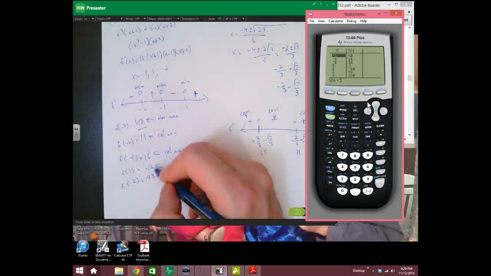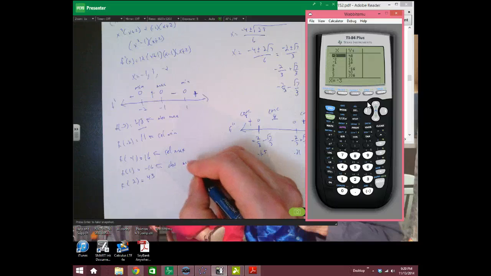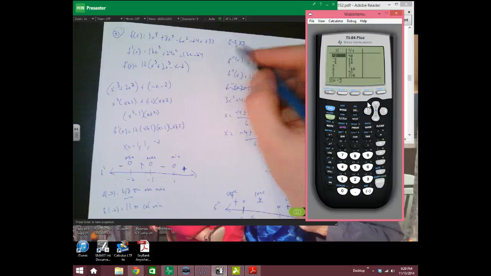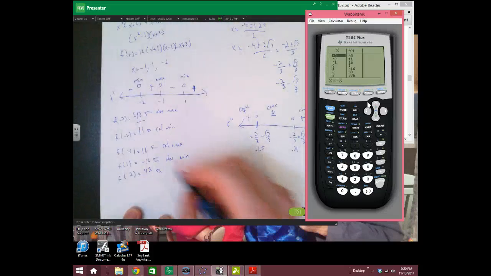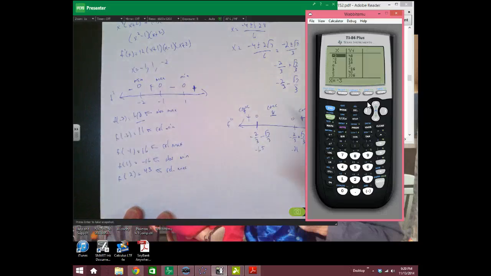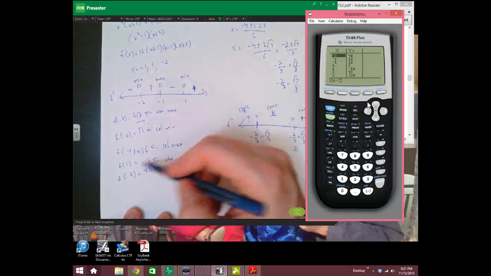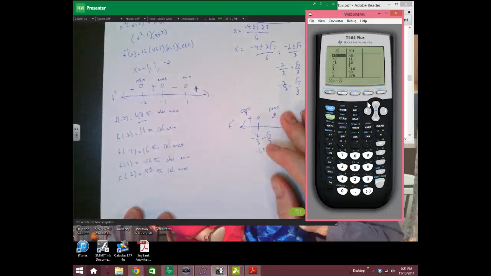Negative 16 is again our lowest, it's a minimum, so it's the absolute min for our interval, because remember it is closed. Again, we do have boundaries, so it's a closed interval. And then 43 is not the absolute max, that's 48, so it's just a relative max. So absolute max at negative 3 of 48, absolute min of negative 16 at 1, and then the rest are either relative mins or relative maxes.